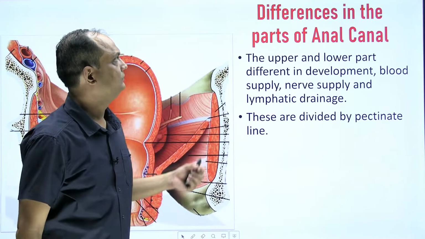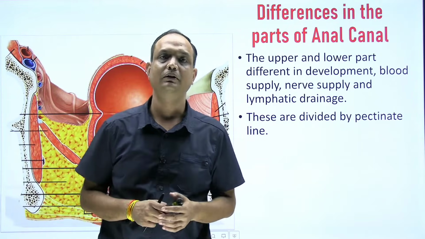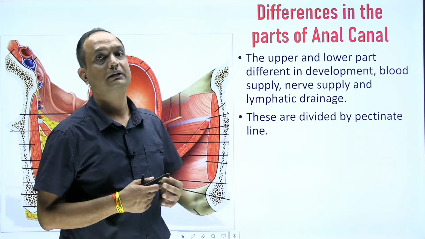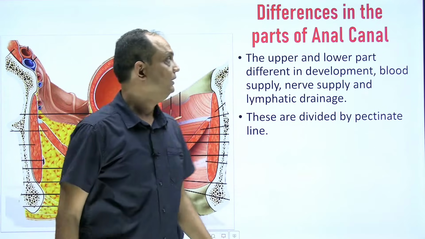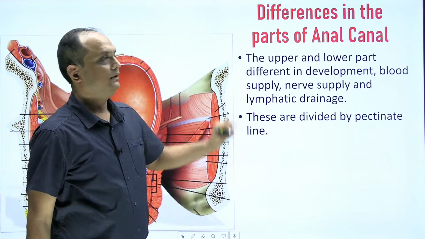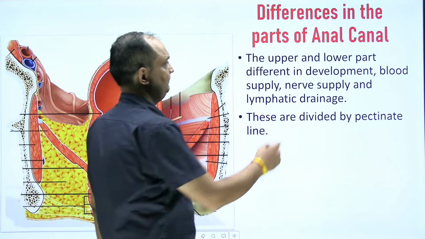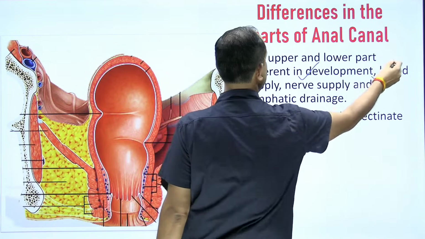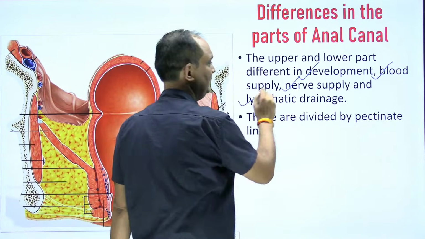Clear? Then you have one more point. What is the difference in the different parts of the anal canal? The upper and lower parts are different in terms of development, blood supply, nerve supply, and lymphatic drainage.